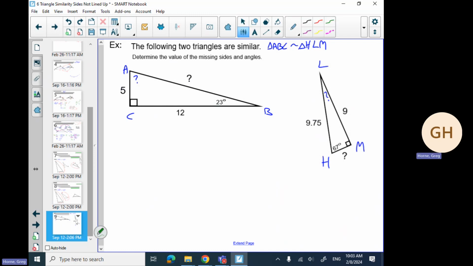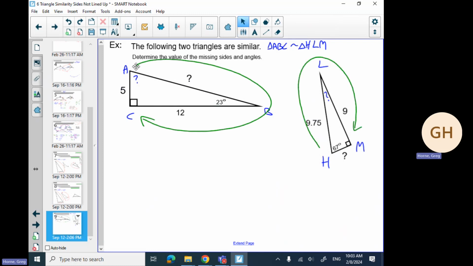If you're getting back into the video here, ABC triangle. So ABC, that, and this one's HLM, so HLM. So you can tell that if I was to redraw it as a right triangle, it's kind of skinny and long that way. And I would label it as HLM.